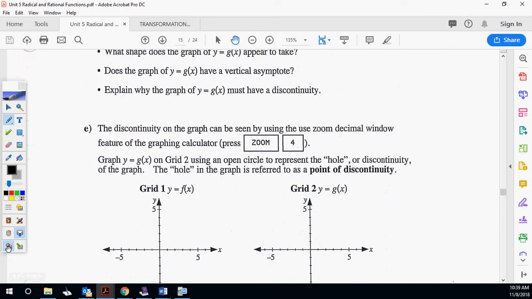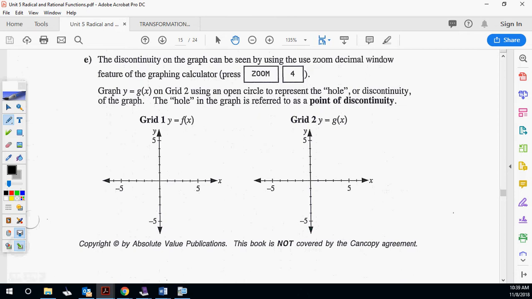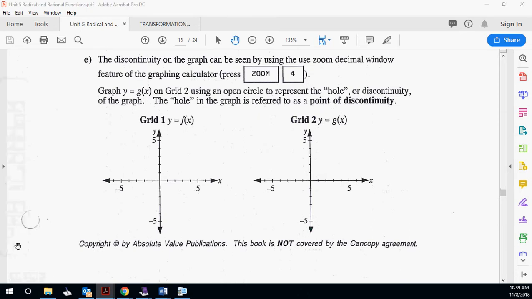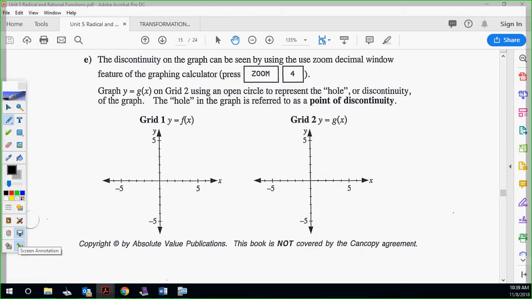So the discontinuity on the graph can be seen by using the zoom decimal window. So on the graph calculator, press zoom 4. Grid 1 is your f of x. So our f of x, we'll just sketch that again. That was at the 3, and it goes something like this, and then it goes like this.